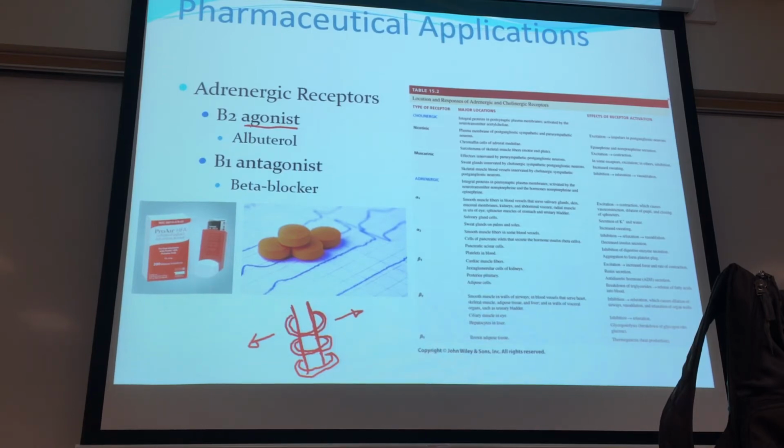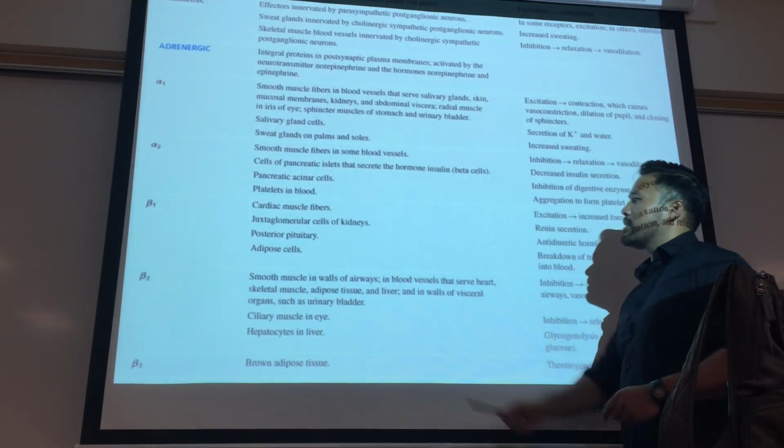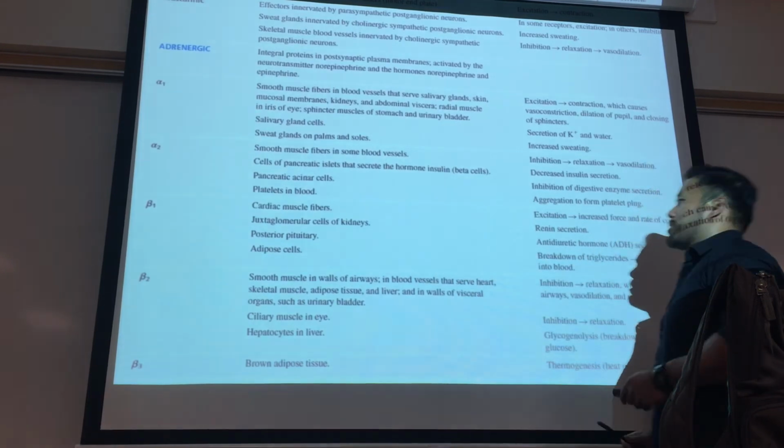Now let's take a look at another example, where I'm going to take a look at beta 1. Where we would see beta-1 receptors, we would see them in the cardiac muscle fibers. And not only that, you're also going to see them in the kidneys, which are responsible for blood pressure.